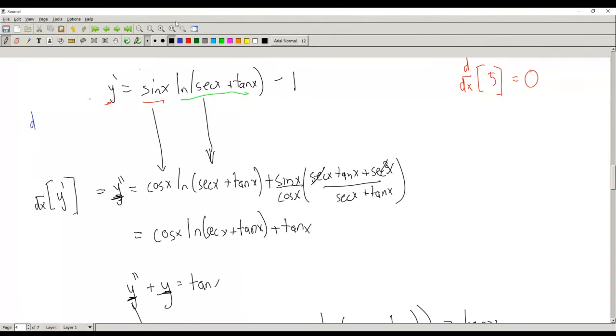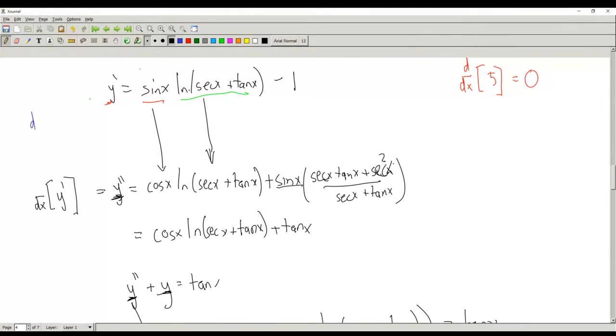Let me take my eraser and take that away. Then the derivative of ln of sec x plus tan x is also going to be a chain rule.